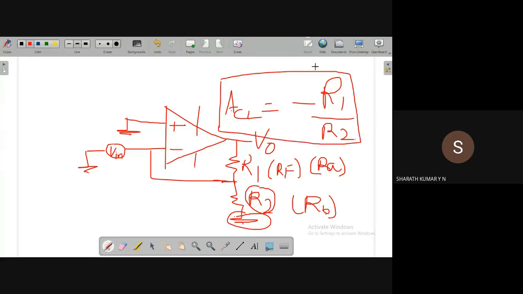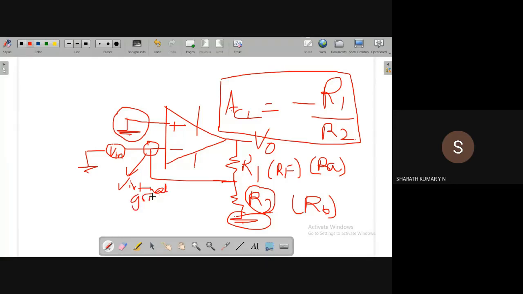In this inverting amplifier, you can observe that the non-inverting input terminal is connected to ground. If the non-inverting input terminal is connected to ground, the inverting input terminal is said to be in a situation called virtual ground.